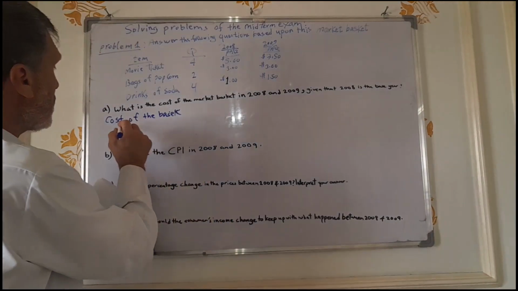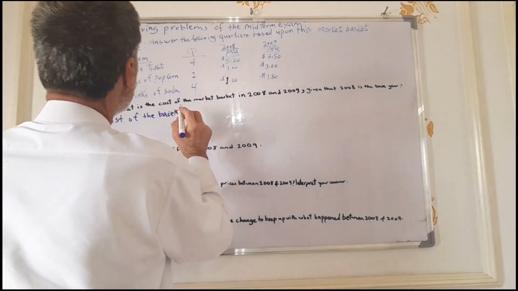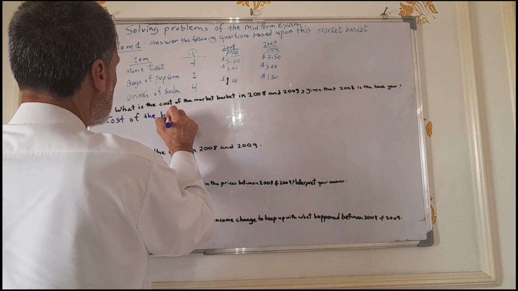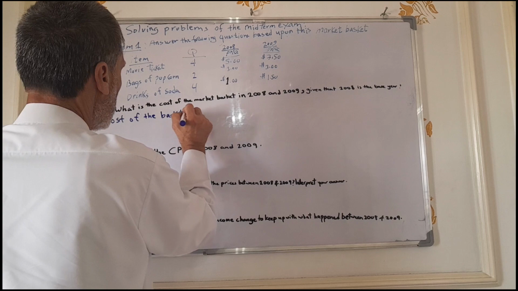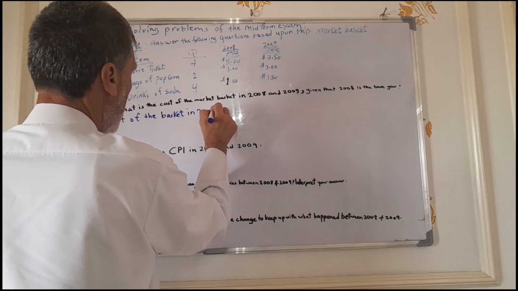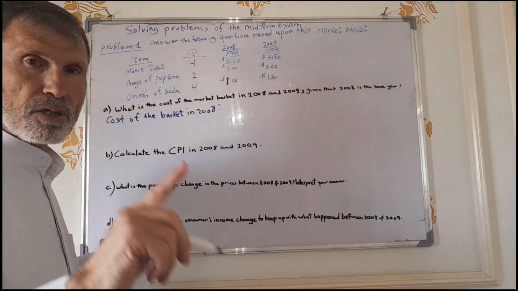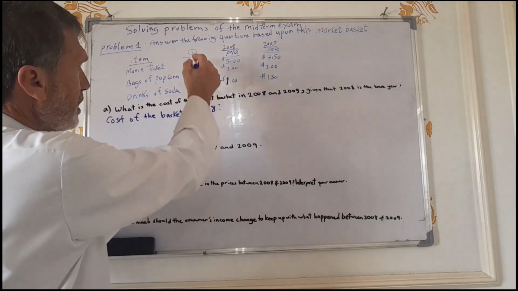In 2008. So it's going to equal what? We multiply the price times the quantity in 2008. The quantities are constant.